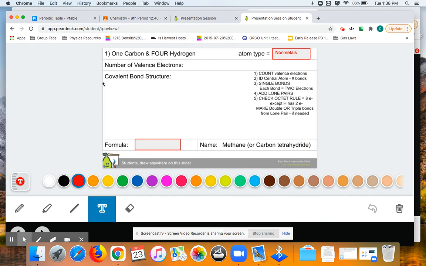So come back over here, and I have 1 C, so that's a 4, and then plus 4 H's, so there's 1 H, 2 H, 3 H, 4 H, equals 8. So the number of valence electrons that I should have is 8.